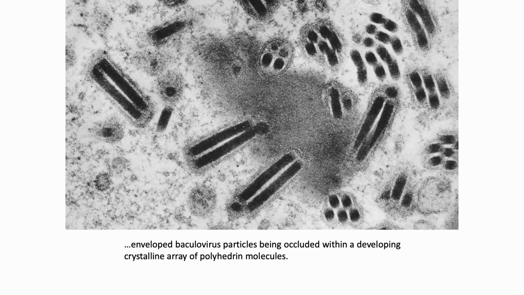But if the virions are embedded in a protein crystal, the shear forces will have no effect. So the virions are protected. So that means you can use the embedded form of the virus as a very effective pesticide. The other thing to note about polyhedron, as I've implied, is that it's made in massive amounts, as we will see in the next slide.